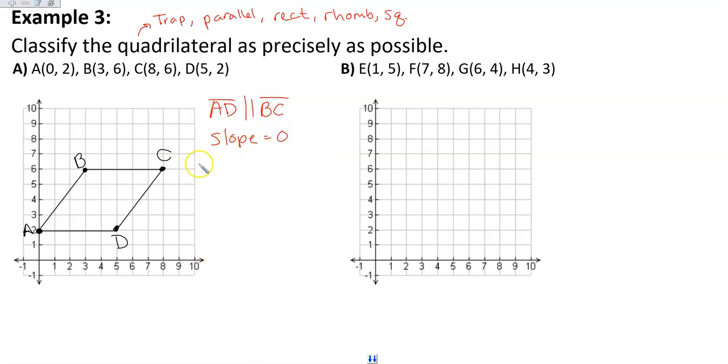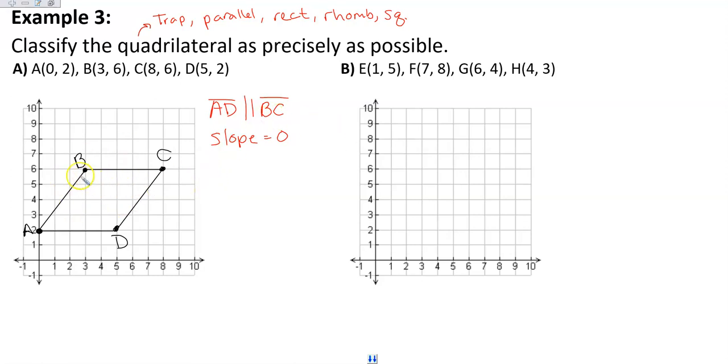So what we're going to look at is, are the other sides parallel as well? And then we're going to see, could this possibly be a rhombus? This is obviously not a rectangle, so we don't really have to worry about that. But we want to show whether or not it's a rhombus after we look at parallelogram.